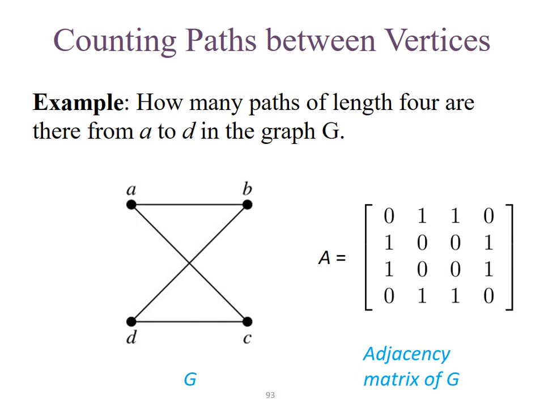Okay, so maybe we can see this example. If we have the graph G here, then we can develop the adjacency matrix. Once we need to calculate the number of paths of length 4 from A to D, remember the theorem tells us we need to calculate the adjacency matrix A to the power of 4, because we are trying to discover paths of length 4.